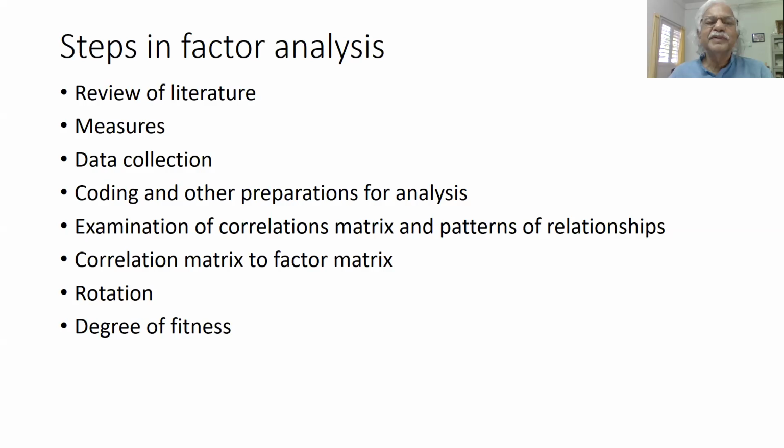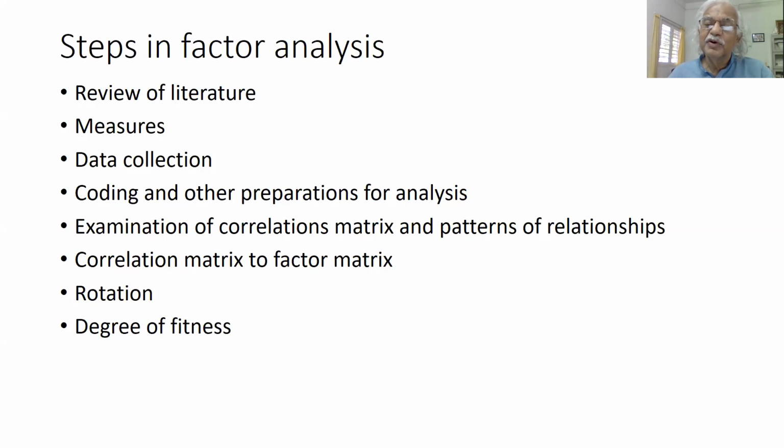So you develop some measures of them, a large number of measures. All those things which come to your mind, all those aspects of the problem which come to your mind will help you in constructing measures. Then you collect data, then coding, then preparing for analysis, then examination of correlation matrix and patterns of relationships.